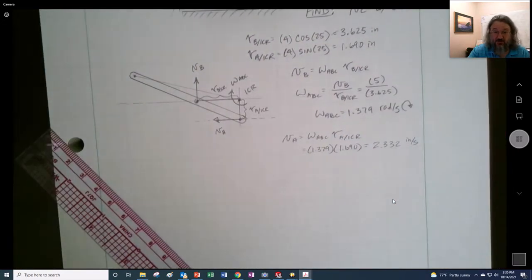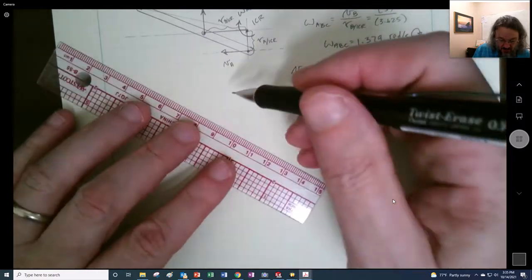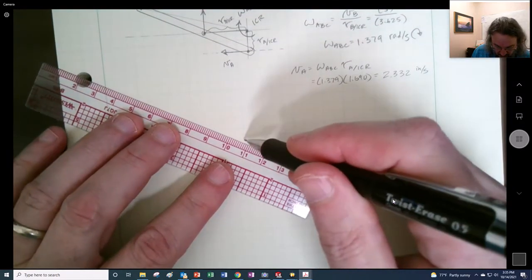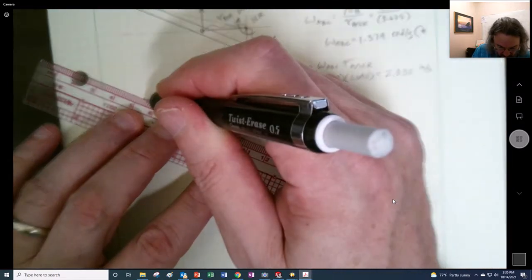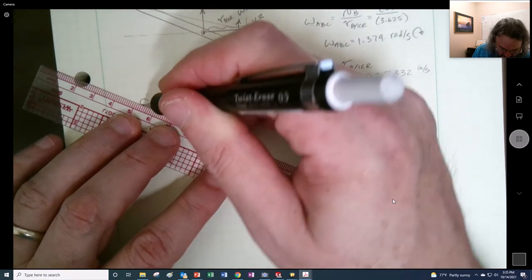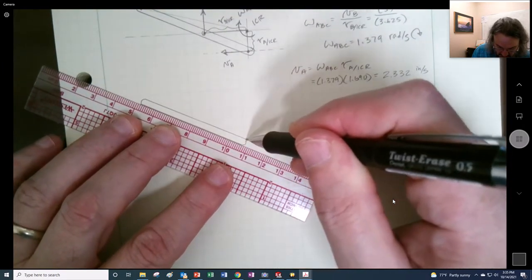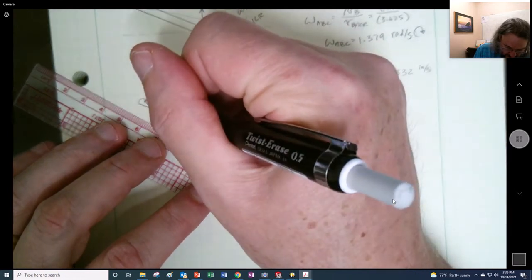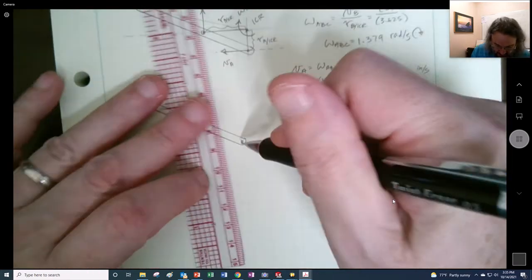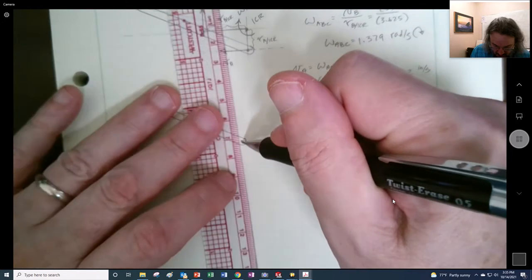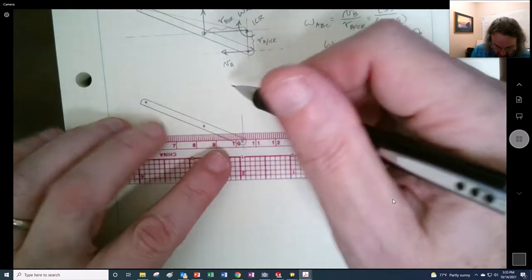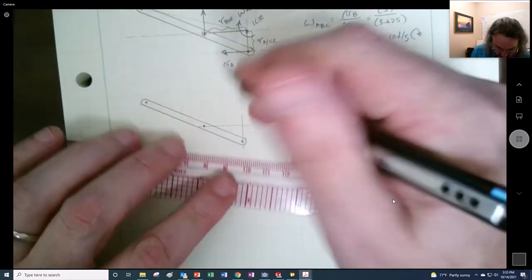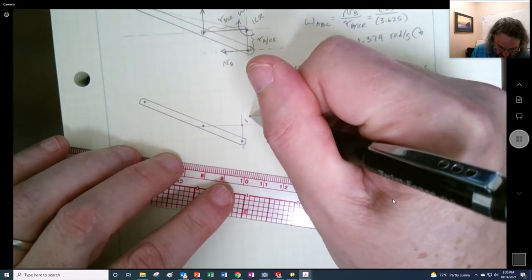Let me redraw this. If I had planned the thing out a little better, it wouldn't be as much of a hassle. Here was the velocity. Here's that point, here's this point, and here's this point at C, right? So we have that our ICR is right here, ICR.